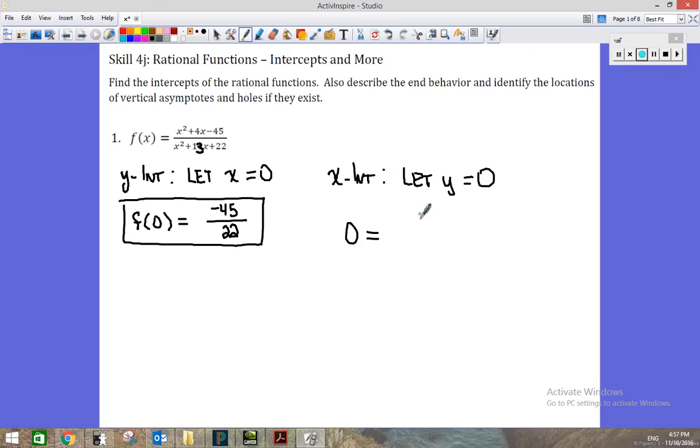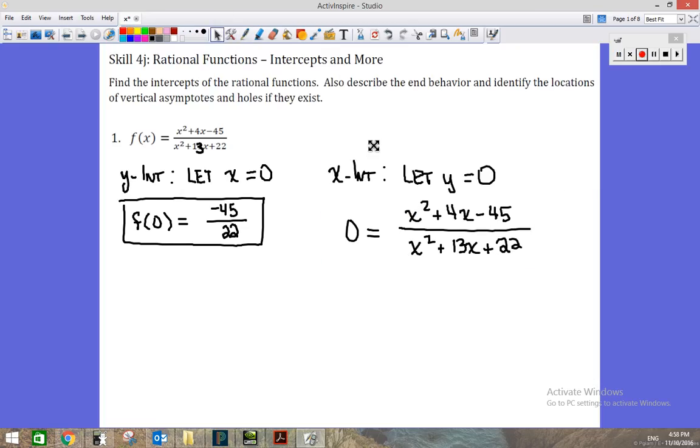So for a fraction, the numerator determines if this fraction reduces to 0, but you have to be aware of the denominator because it can't be a 0. You don't want to call a hole an x-intercept. So if we have x squared plus 13x, otherwise we'll have to use the quadratic formula. We can do it, but the integer values will come out nicer.